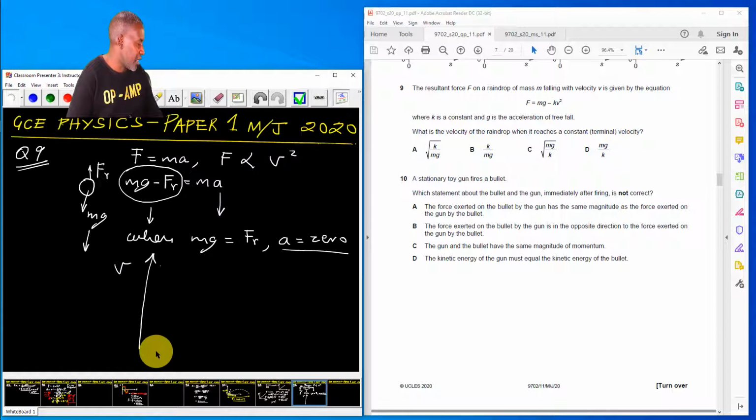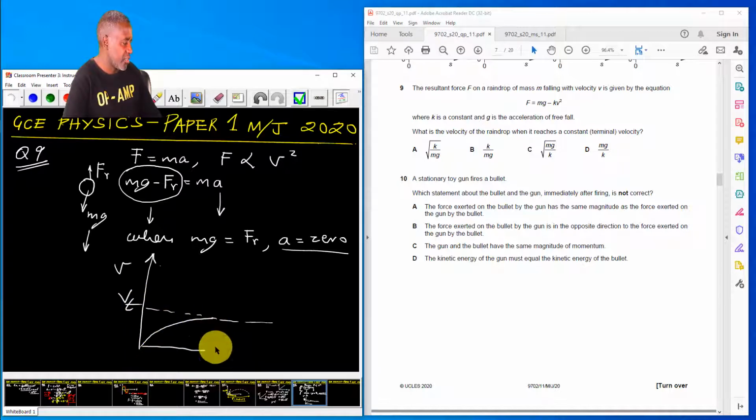So this is how the velocity changes with the time until it reaches terminal velocity, which is horizontal. So this terminal velocity, Vt. For here, the acceleration is reducing because the gradient of a velocity time graph is acceleration. And you can see the gradient is decreasing until it reaches this particular point. That is the theory behind this kind of question.